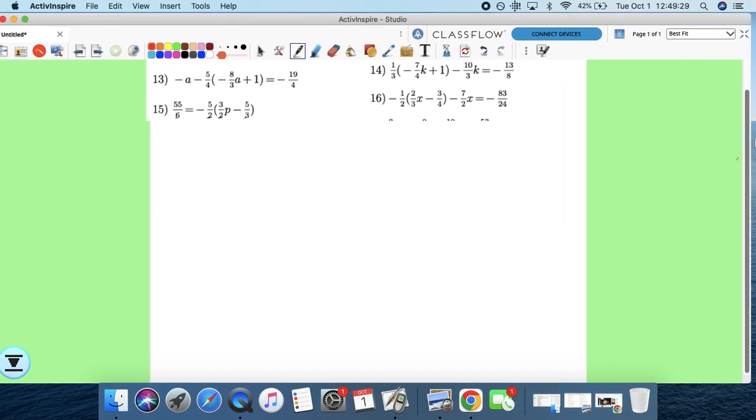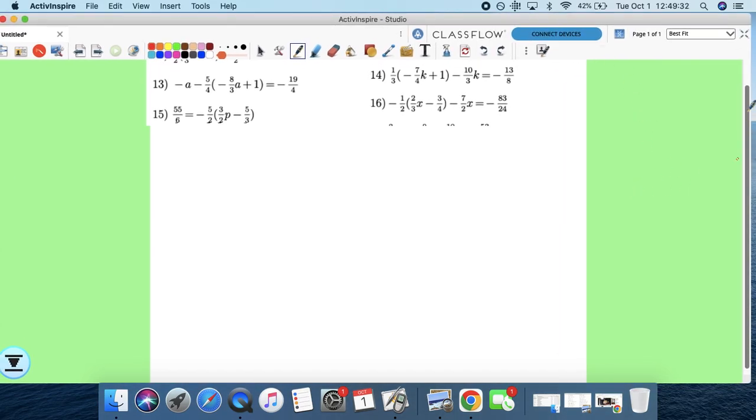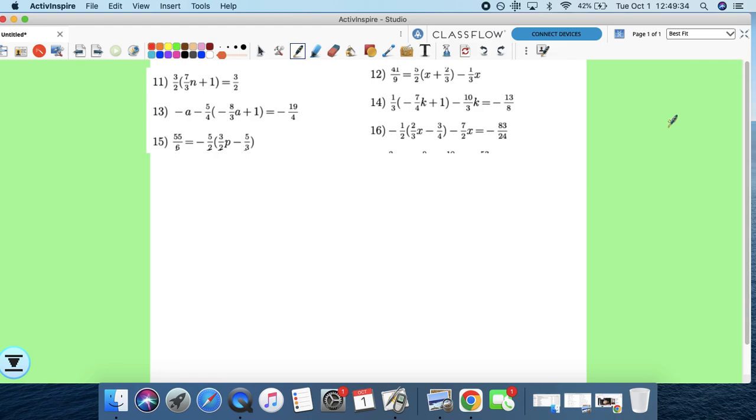We are on, that was 12, I believe. Yeah, that was 12, so now we're moving to 14. 1/3 minus 7/4 over k, times k plus 1, minus 10 over 3k equals negative 13 over 8.